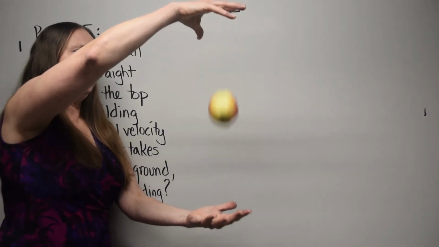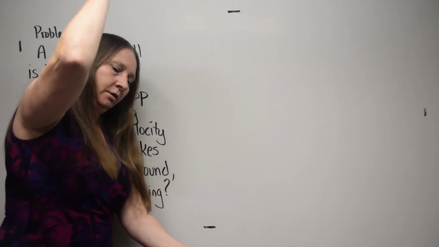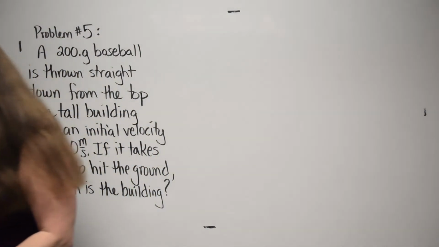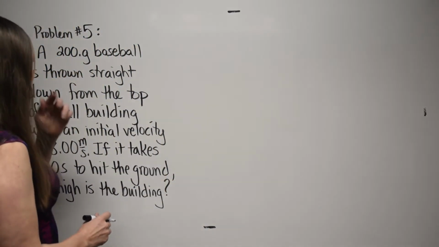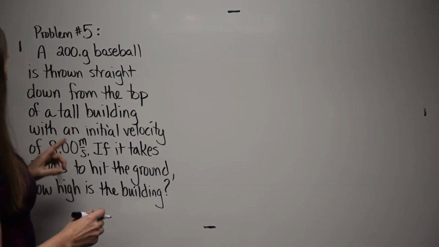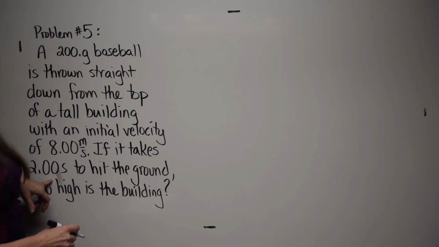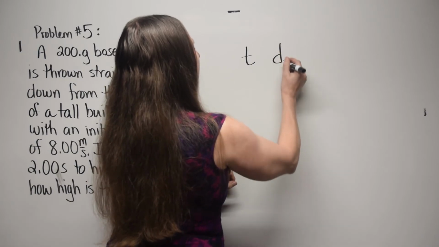We're not just letting it go. This person is throwing it down, giving it an initial velocity that is not zero. So technically, the magic chart does not apply. But what we can do is figure out how high the building would be if the baseball was dropped from rest. So let's try that just really quickly.